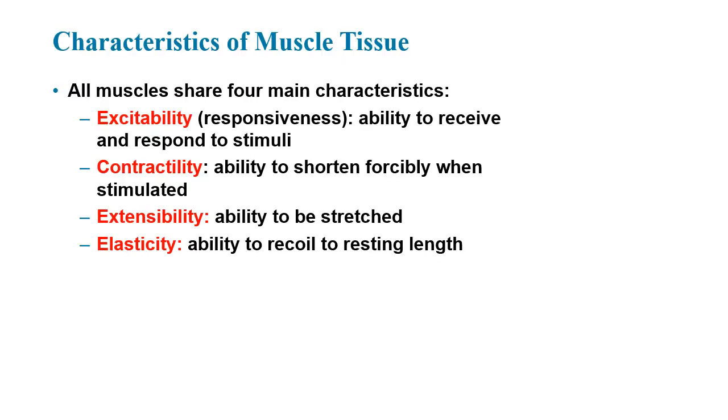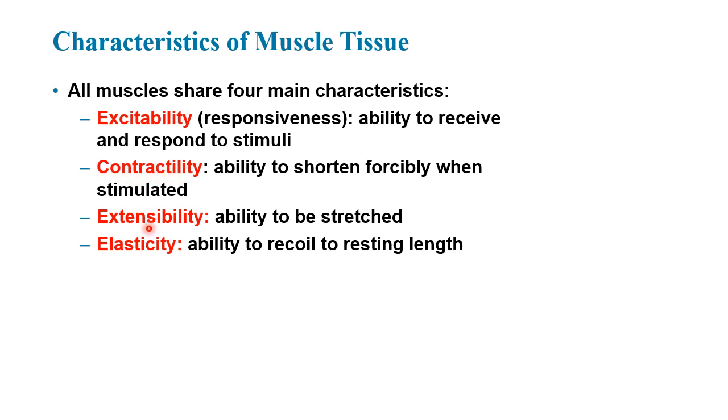Okay, so characteristics of muscle tissue. Basically, the muscle has to be responsive to something. That characteristic is called excitability. The muscle has to receive some kind of stimulus and be able to respond to that stimulus. And of course, contractility.